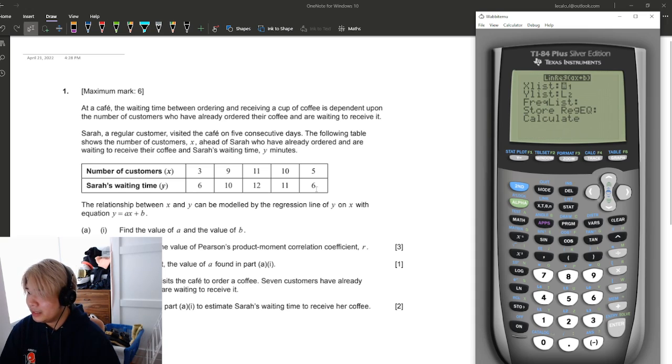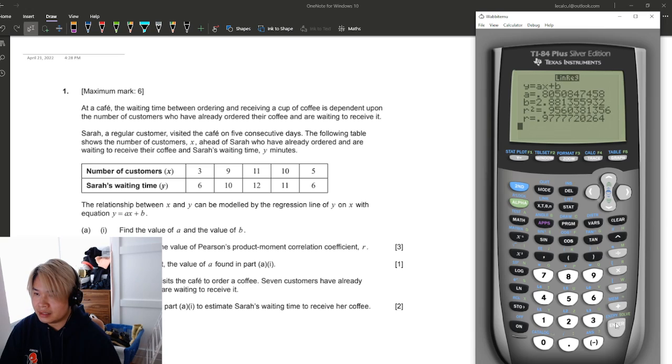The way that they want it is x as the independent variable, the variable that I plug in, and y as the dependent variable. So make sure my x's are L1 and my y's are L2, and we're just going to calculate this.